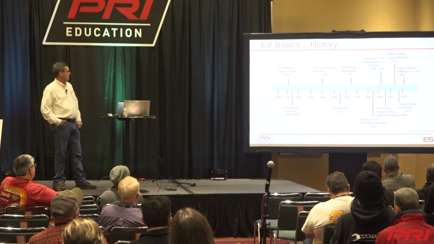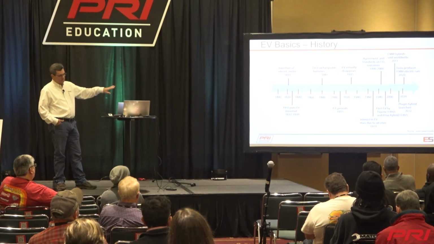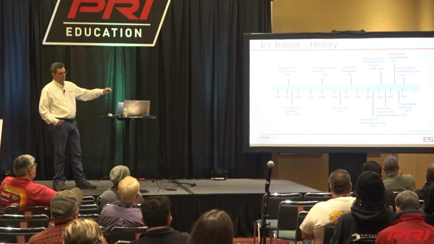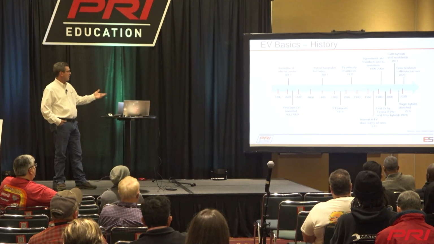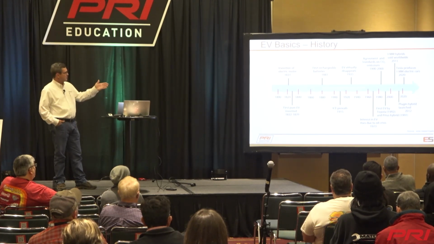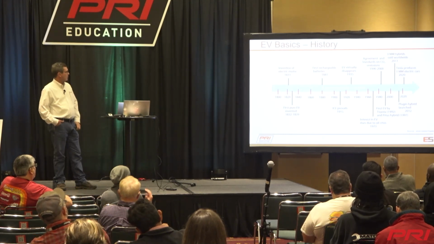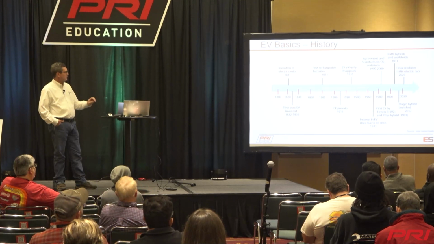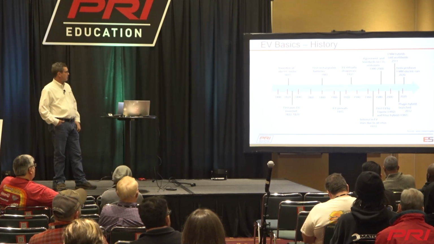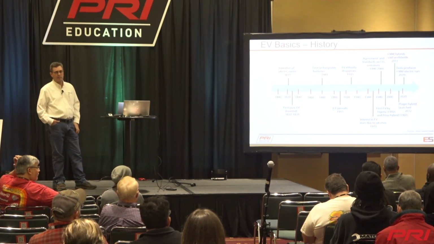One of the oil crises in the early 70s reintroduced the concept to a lot of people, and they started looking at it again. And then some of the emission standards came in. In 1992, by and large, came the first EV made by Toyota, and the Prius hybrid came out in 1997.